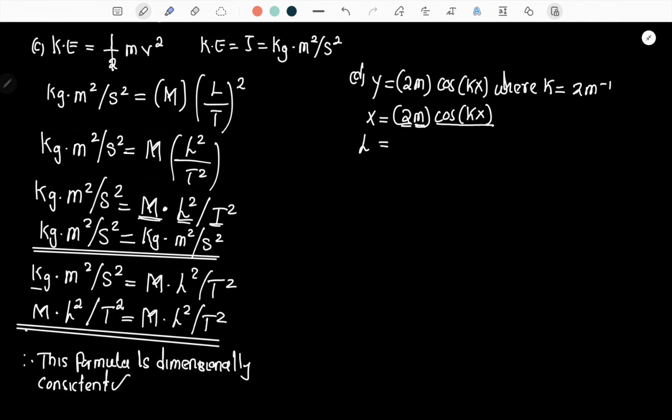What does the meter represent in dimension analysis? It is simply capital letter L. And then this becomes dimensionally correct. Okay, so this formula is dimensionally correct.